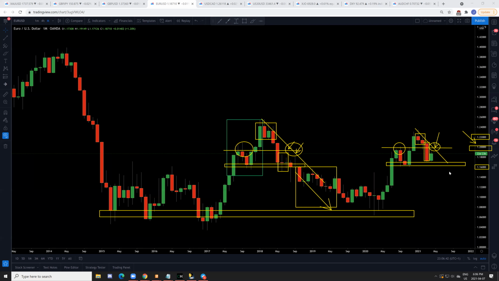Which would cause US dollar increase, risk currency weaker. Okay. And below 1.16, then we take swing sells down.